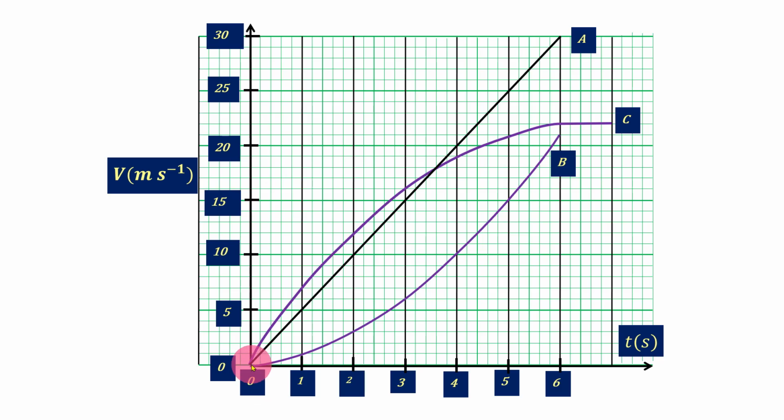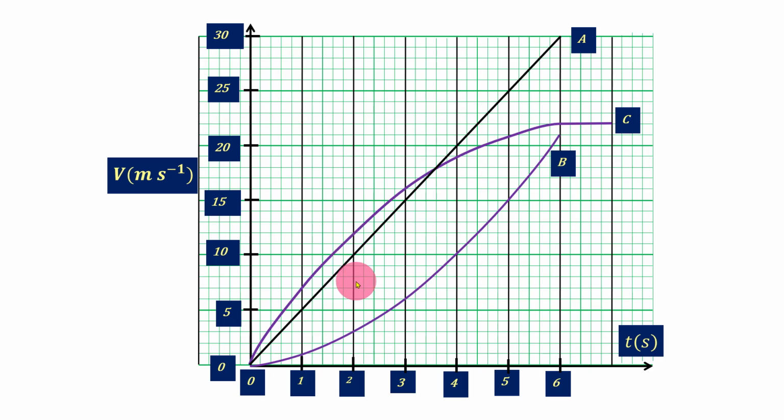Let's check. In the first 1 second, its velocity increases from 0 all the way to 7 meters per second. Okay? In the next 1 second, it increases from 7 meters per second to 12 meters per second. And you can see the increase there is 6. Is it 6 meters per second? No. It's actually from this value we go 1, 2, 3, 4, 5.